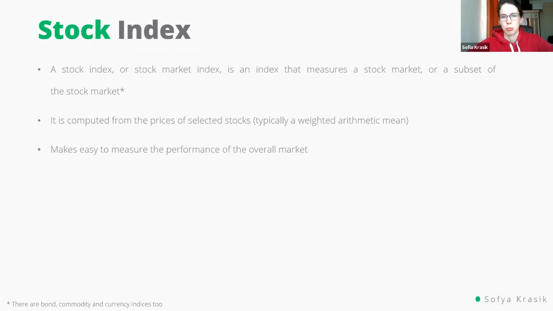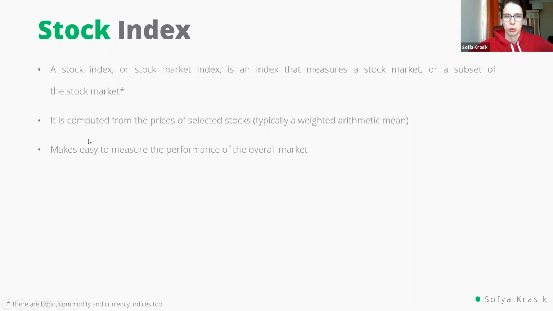For example, it could be just a mean price of these companies, or a weighted average of the prices, weighted, for example, by capitalization, or by the company price itself. So a stock index is essentially you pick several companies you're interested in, weight their prices and calculate some average.